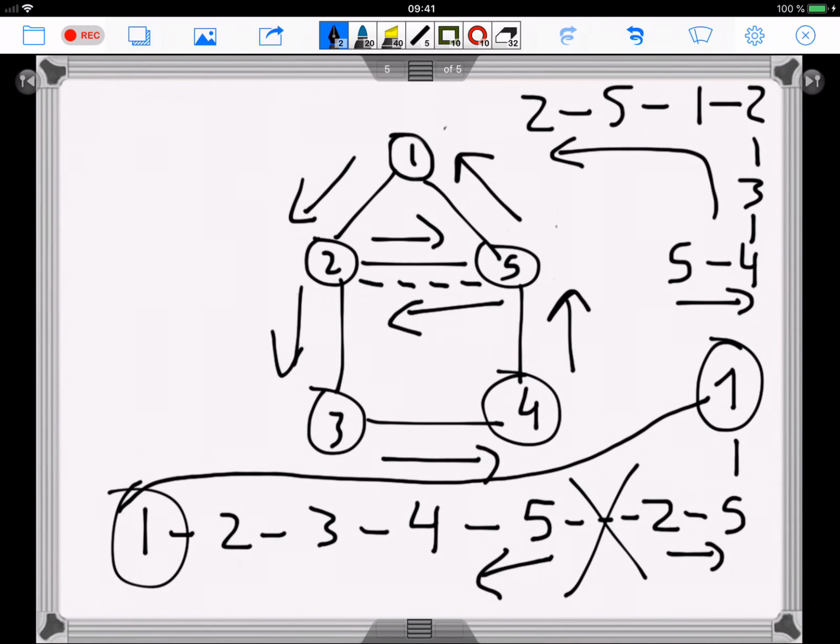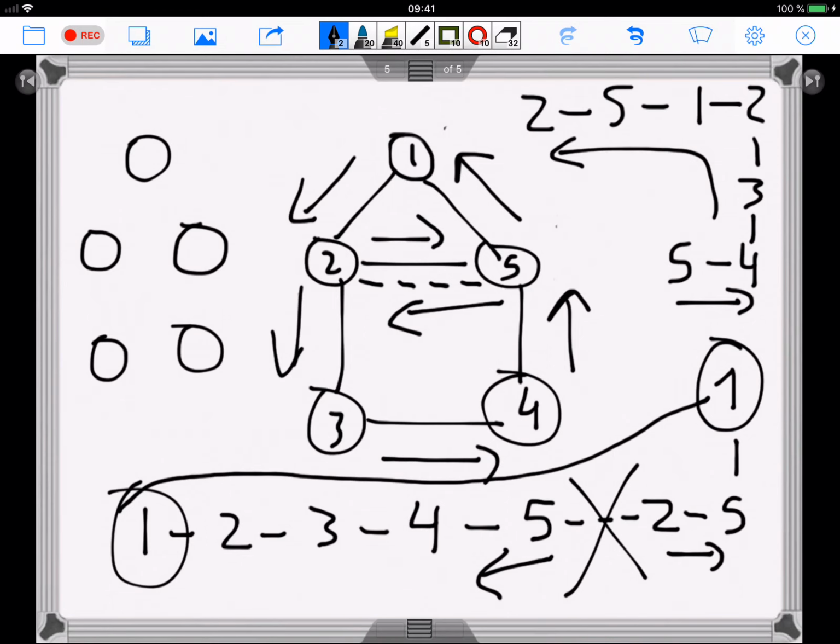Okay, so let me draw the graph with this path to check that in fact we use all the edges once and only once.